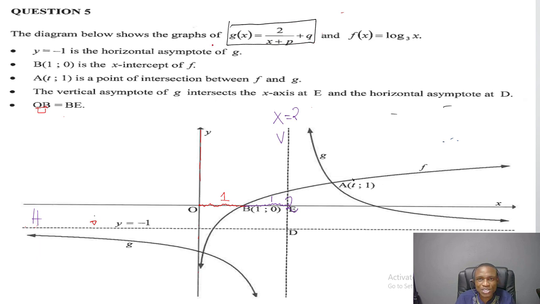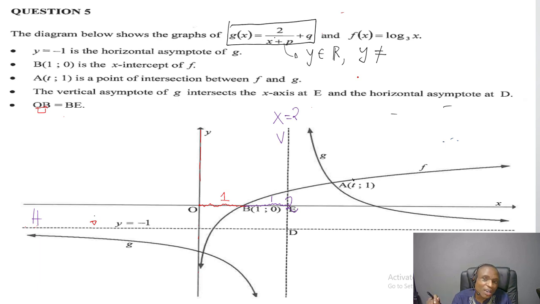What is its range? When we are looking for the range of a hyperbola function, it's very simple. You just say y is any real number, y is an element of the real numbers, but y should not be the horizontal asymptote.